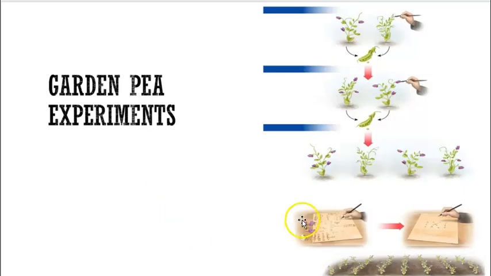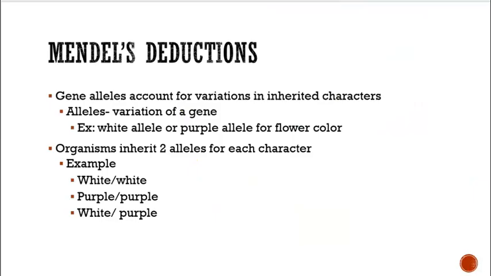Every time he did these experiments, though, he noticed that one quarter, let's say, of the plants were white and 3/4 of the plants were purple. So how do we explain this appearance of the white flower after skipping a generation?